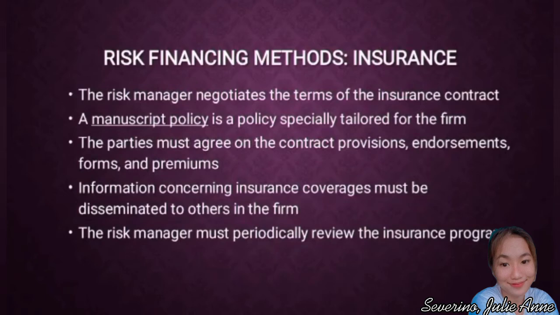Insurance is another method that most people, businesses, and other organizations can use to transfer pure risks by paying a premium to an insurance company in exchange for a payment of a possible large loss.